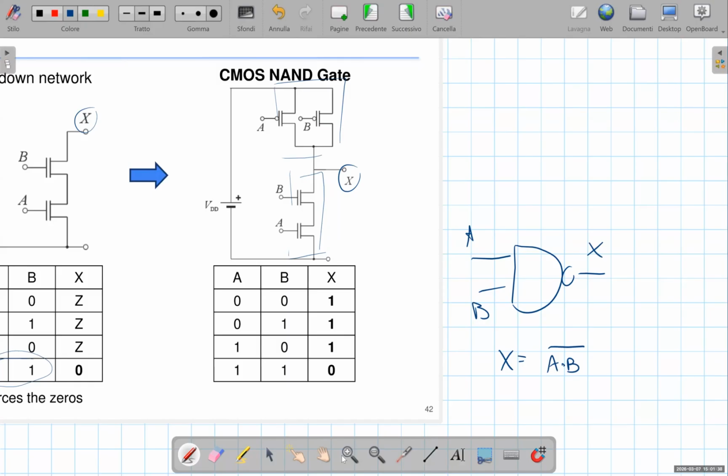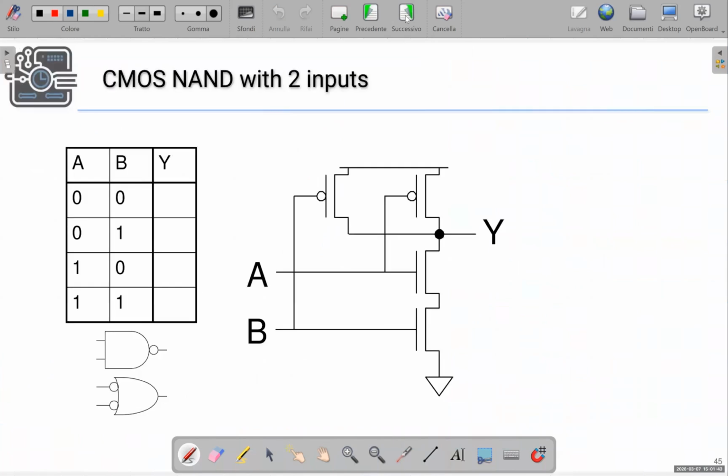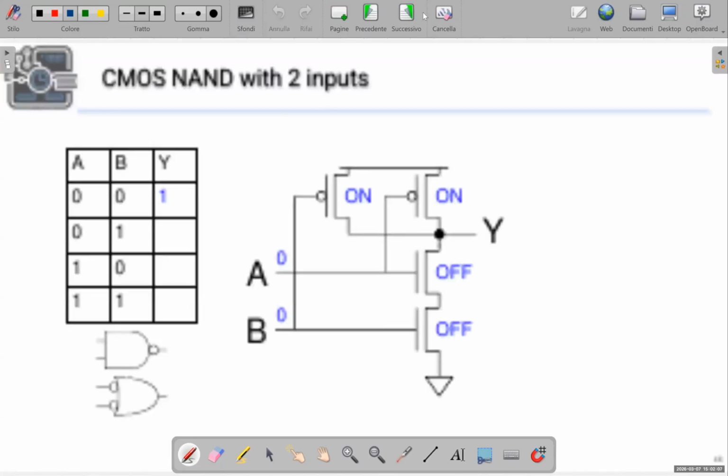Actually, the same approach can be adopted for different functions. So here we can analyze step by step and see that actually this gate that we have derived behaves as a two-input NAND. When we have the inputs that are 0, 0, basically we have that the PMOS are on and the NMOS are both off, so the Y is 1.